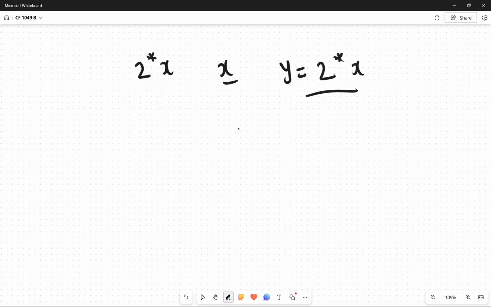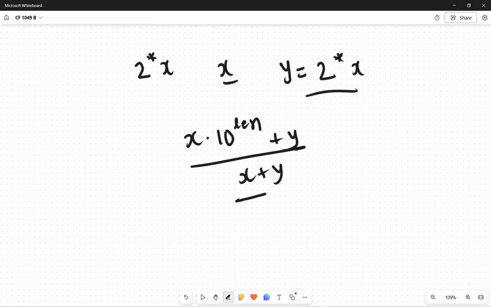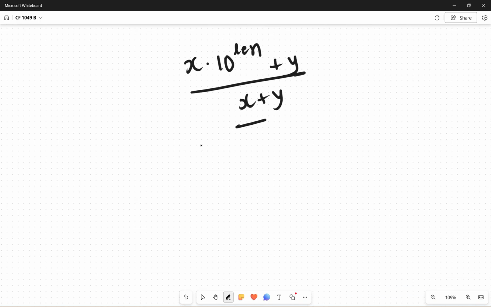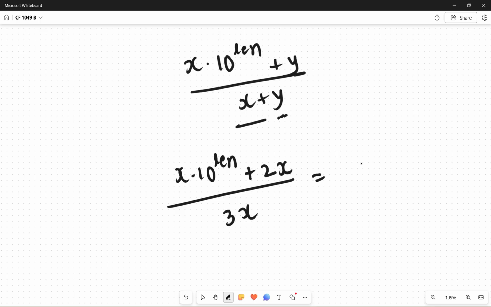Now how does that work? The way that works is that x times 10 to the power of length plus y, divided by x plus y, should be an integer, right? That is well established. And if you take y equal to 2x, our expression reduces to 10 to the power of length plus 2, divided by 3, after cancelling out the x.